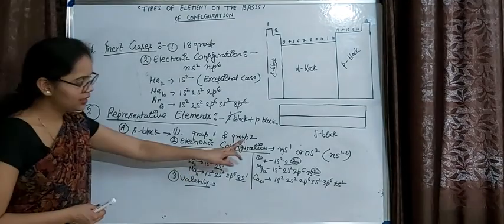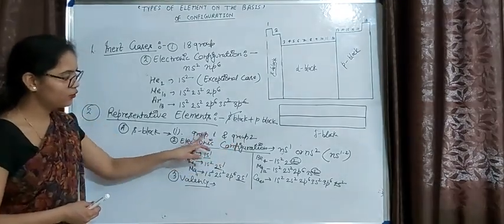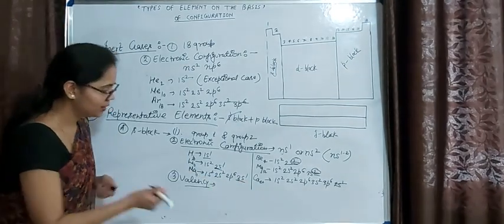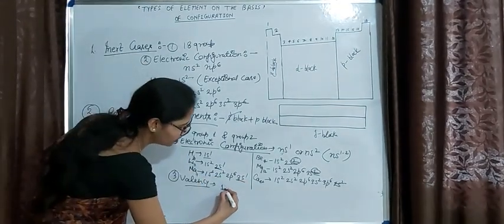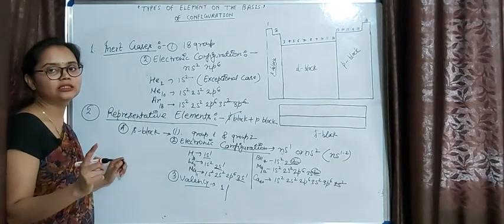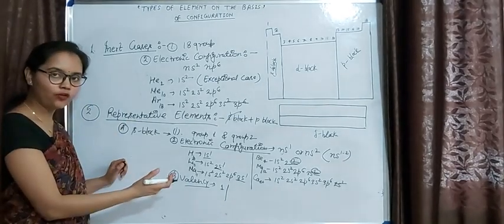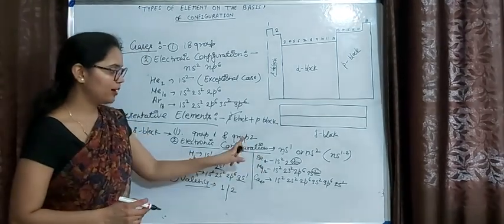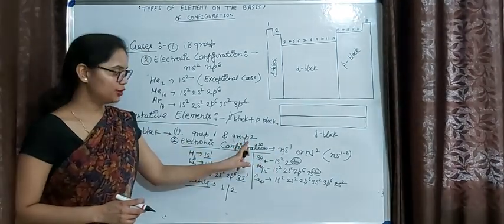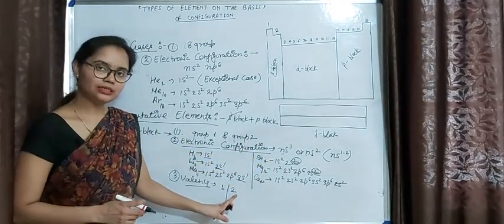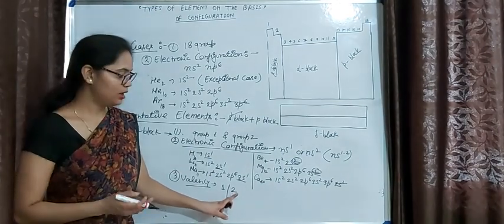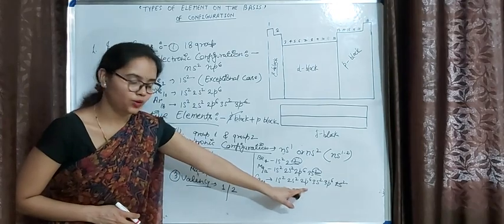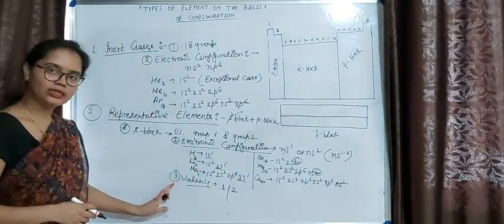For elements of group 1, they have only 1 electron, so all the elements of group 1 will show 1 valency, meaning they are monovalent in nature. And what about the second group elements? All these elements will show 2 valency, meaning they are bivalent in nature because they have 2 electrons in their outermost subshell. So this is about the valency.